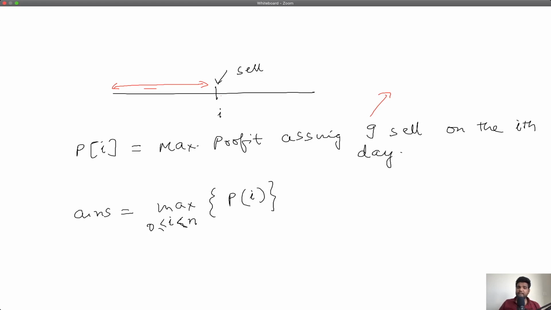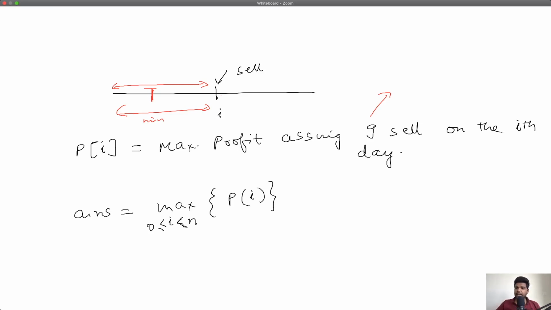I should buy this stock on the day when the stock price is the minimum. In this entire interval from 0 to i minus 1, the day when the stock price is the minimum, if I buy on that day and sell on the ith day, that is the maximum profit that I can make, assuming I sell on the ith day.